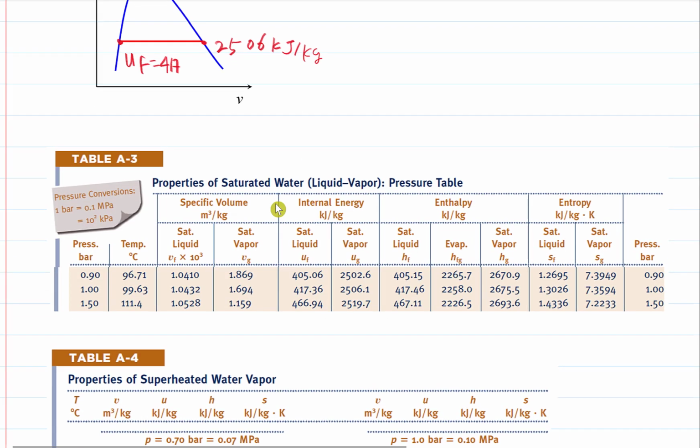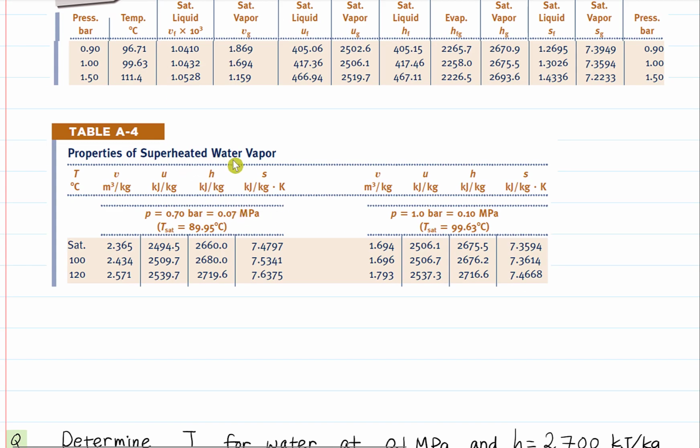So take a look at the superheated water vapor property table. So at 0.1 megapascal or 1 bar, it shows the specific volume, internal energy, enthalpy, and entropy. And the given internal energy, 2537.3, is here.